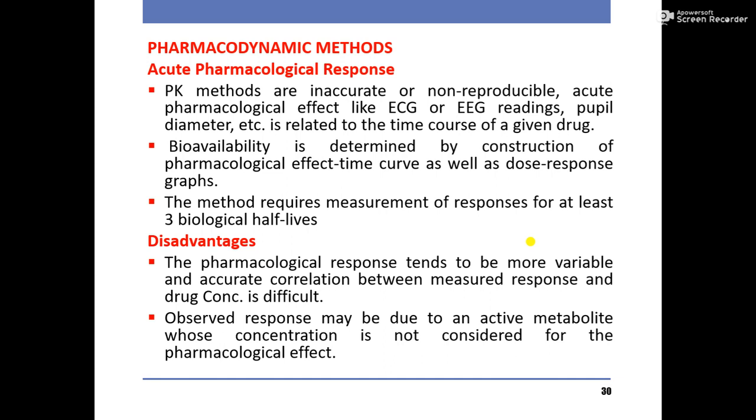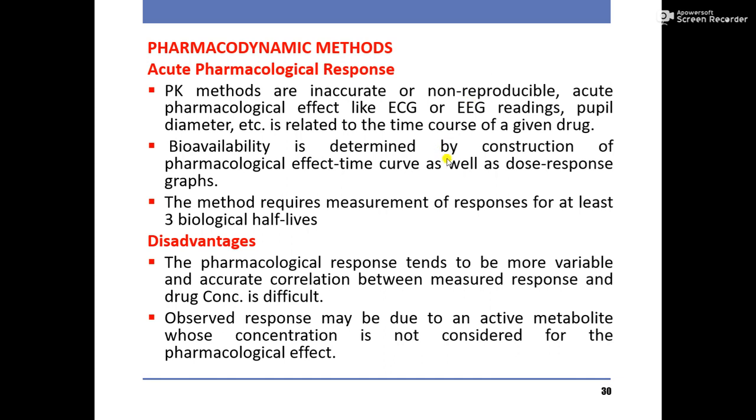Acute pharmacological effects like ECG or EEG readings, pupil diameter, etc., are related to the time course of a given drug. I mean that the pharmacokinetic methods, as compared to the pharmacodynamic methods and acute pharmacological responses, are inaccurate and non-reproducible.